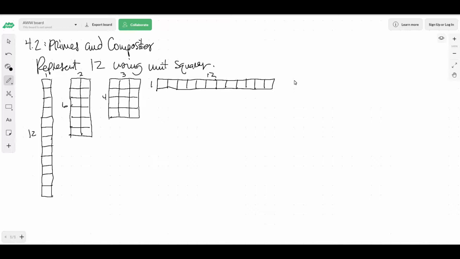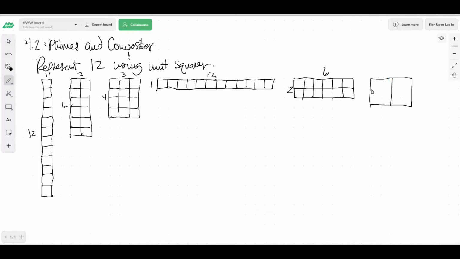Then I could also do 1, 2, 3, 4, 5, 6. 2 times 6, like this. And again, is this the same rectangle? You know, that's a little bit more up for debate. That's a little bit more open-ended and how you want to interpret it.